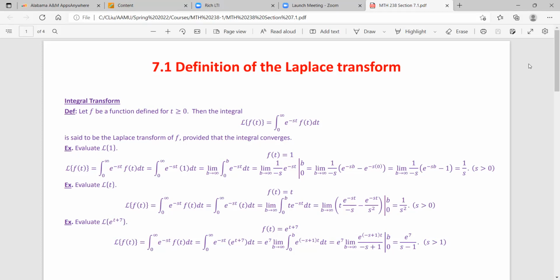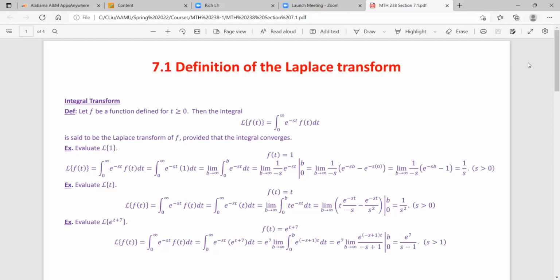We can easily integrate e to the negative st. You treat s as a parameter and t as the variable, and you get e to the negative st, but at the same time you need to divide by negative s when you integrate.